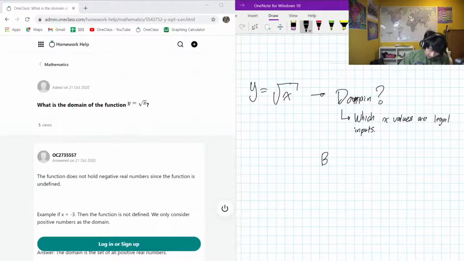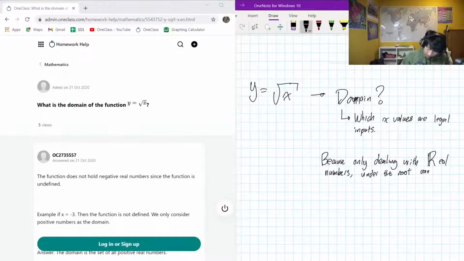So because we're only dealing with real numbers, what's under the root cannot be negative, but it can be 0. 0 is okay. 0 is good.